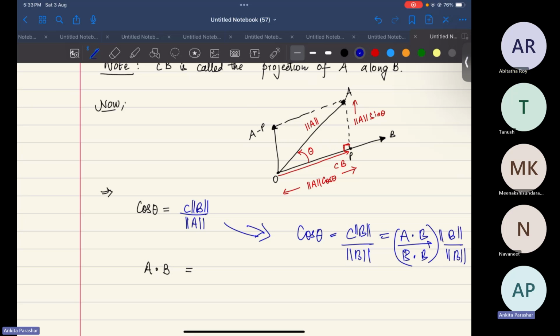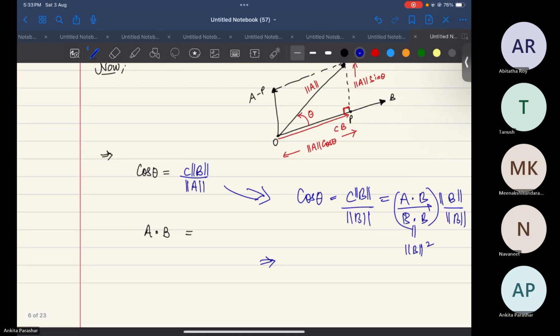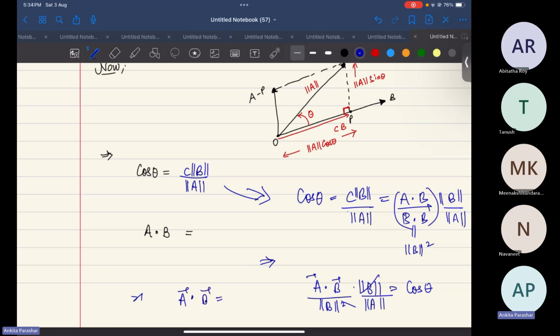So from here, you see this is norm squared, and you will get A dot B, there is a norm A here, and just simply put the value of C. Norm B squared, norm B, norm A is cos theta, and A dot B is norm A norm B cos theta.